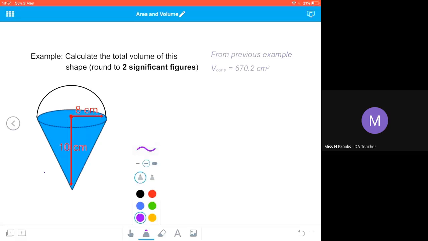So we know that the volume of a sphere from our formula sheet is 4/3 pi r cubed. And this time we've been given r, so we don't need to do any extra calculations in order to determine what that is. But we know that it's a hemisphere, so we need to divide that by 2 to get half of a sphere. So now we're just going to substitute our information in.